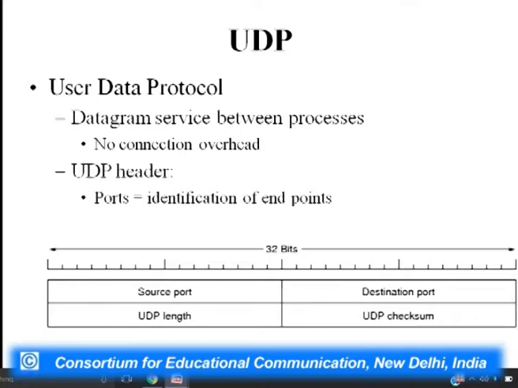The maximum size of a UDP datagram can be 2 raised to the power 16 bits, or 64 kilobits, and if you convert into bytes, divide by 8. If you remove these control fields, which are 64 bits, and there is nothing else, only data, then 2 raised to the power 16 minus 64 gives you the maximum data you can carry with the UDP datagram protocol.